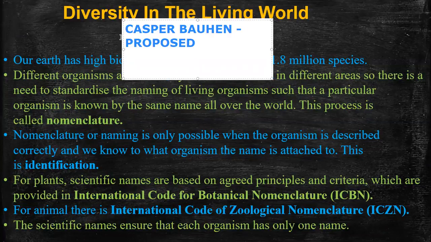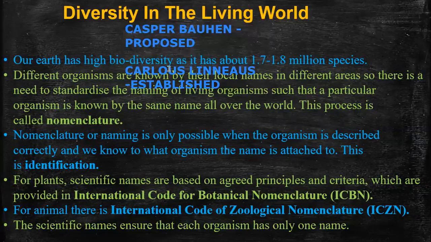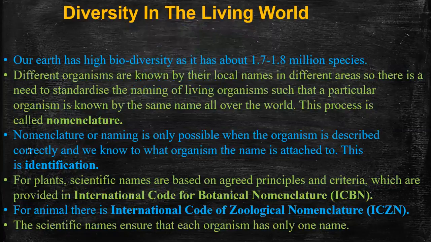Whereas another scientist known as Carl Linnaeus, look at the spelling carefully, very important, established the system of nomenclature.